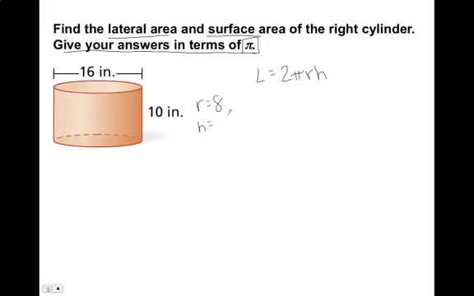Our radius here is 8 inches, our height is 10 inches. So when we substitute in and multiply our numbers here, we get that it's 160 pi square inches. That is the exact total or lateral area that you need. So now let's look at the total surface area.